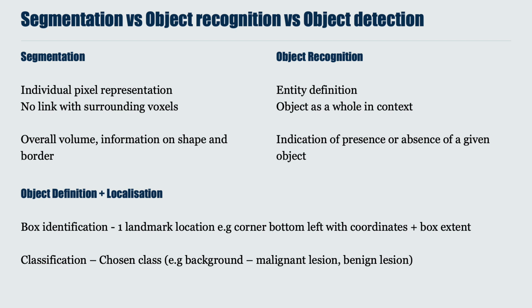And you need for that a landmark location, for instance, the bottom left corner of your box, and the box extent. And for the classification, it's the chosen class that you would assign to the object. So is it background? If it's a lesion, is it a malignant lesion or is it a benign lesion? Type of thing.